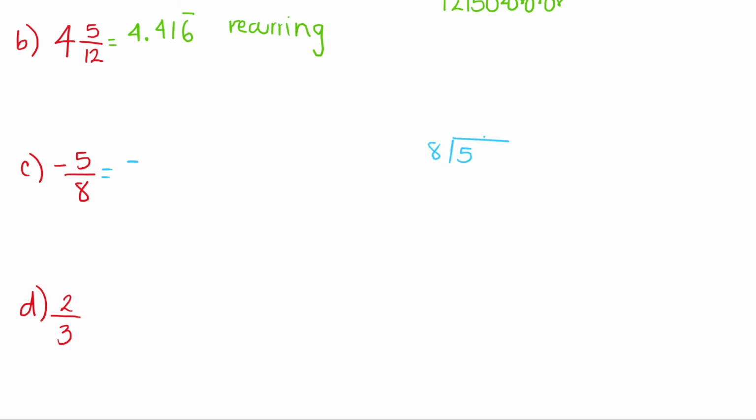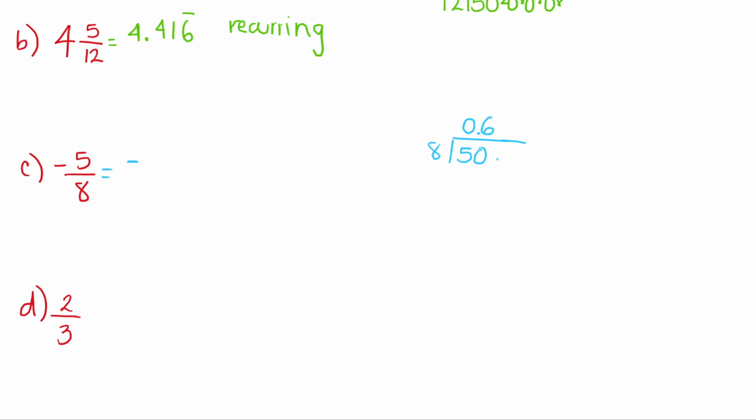So we go, how many times does it go? 8 into 5, it doesn't. So it's 0 point and then 50. And then I go, 8 times 7 is 56, 8 times 6 is 48. Sometimes I have to do it in Spanish because I forget.